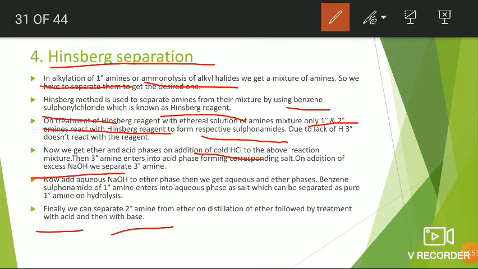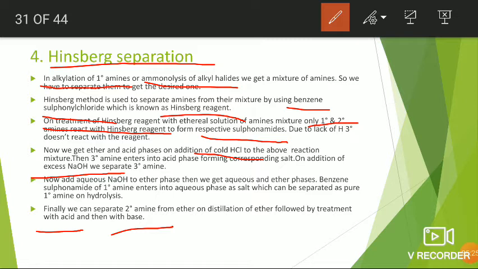To this primary amine sulfonamide salt, we have to add some acid, then the sulfonamide undergoes hydrolysis to form sulfonic acid and primary amine salt. On treating this primary amine salt with base, we get pure primary amine.